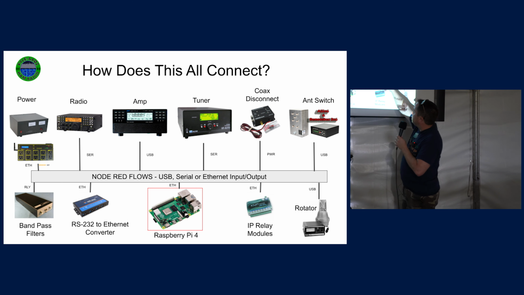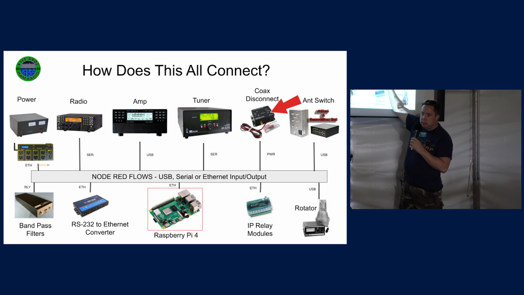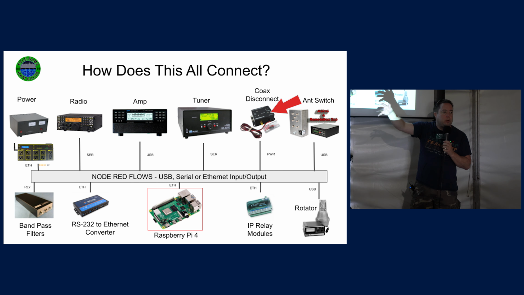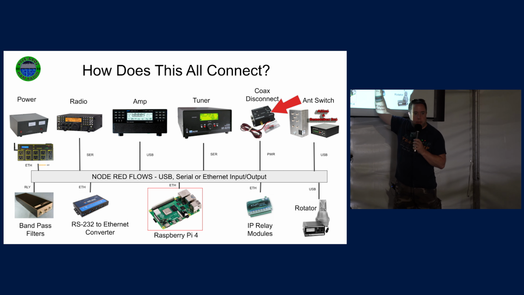But this Paradan antenna switch disconnect, it's over in the north-south building. That switch, you apply power to it, and it connects your antenna, right? You remove power to it, and it disconnects your antenna. So where do I use that? I use that in the contest station.